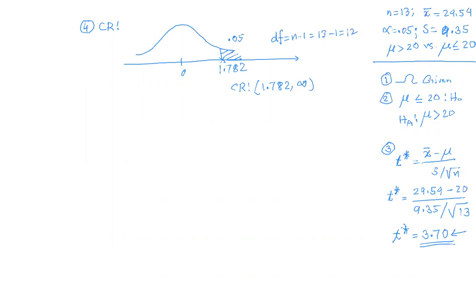Now step number 5 is your test statistic, right? T star is 3.70, which is probably going to be somewhere here. 3.70 is in the critical region, right?